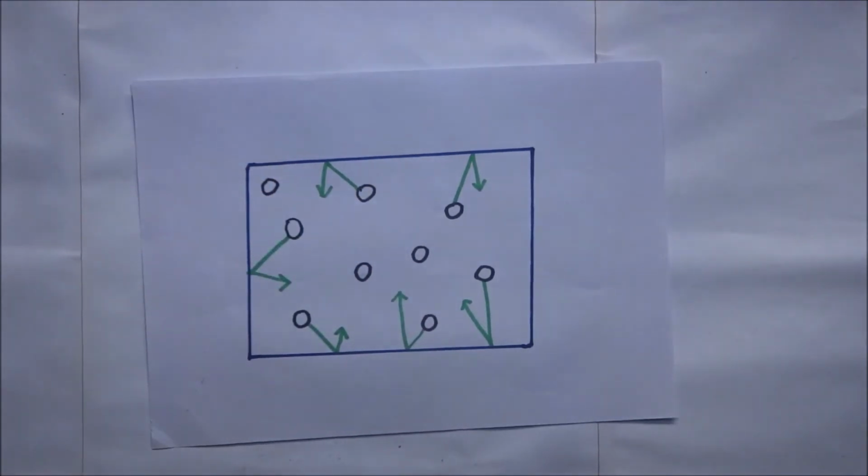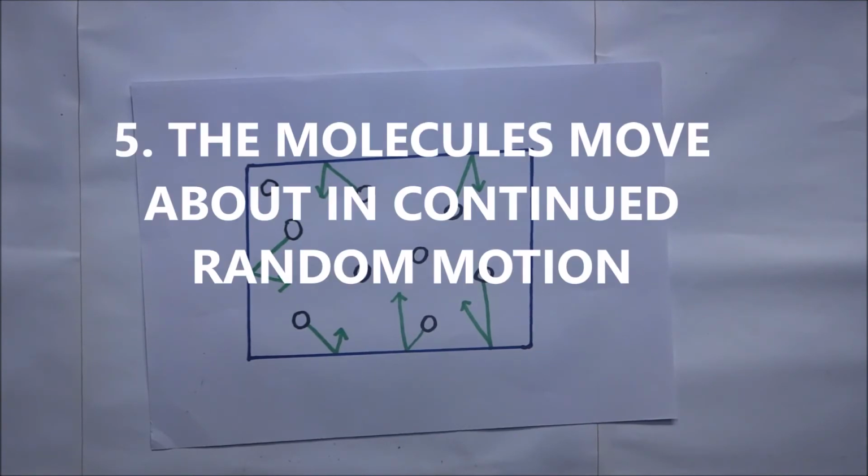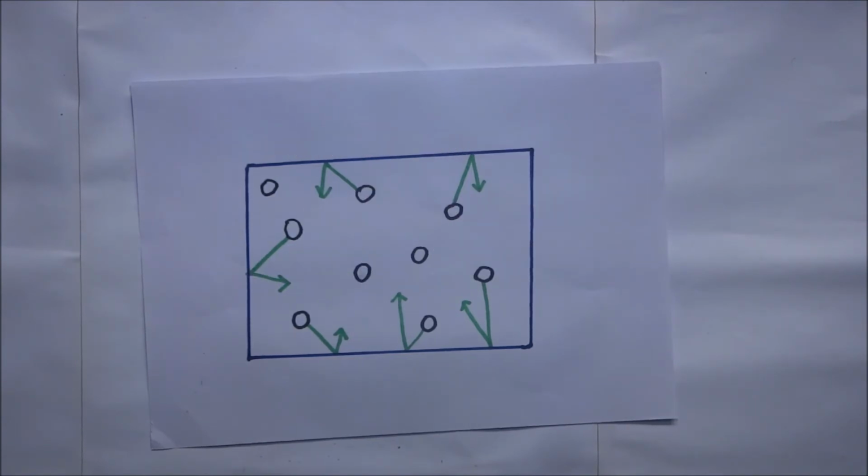And of course, the final assumption here is that these molecules are always moving about in a continuous haphazard random motion. So those are the assumptions we make for an ideal gas. With those assumptions in mind, in our upcoming session, we shall be deriving the expression for kinetic pressure.